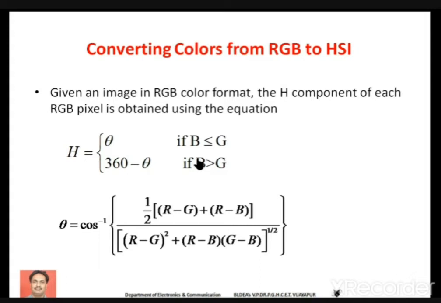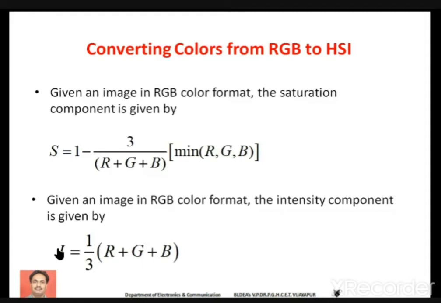Suppose B is greater than G, meaning the value given for blue color is greater than green, then H can be calculated as 360 minus theta. Here theta we calculate again by using this particular formula. Then next, to calculate the saturation, we have a formula like this: S equal to 1 minus 3 divided by R plus G plus B into the minimum of RGB.